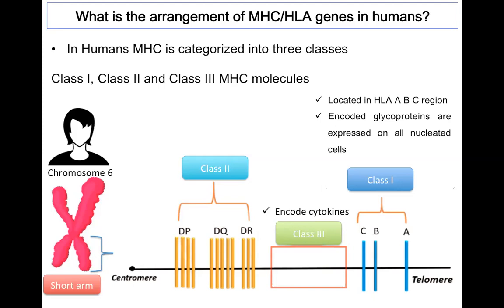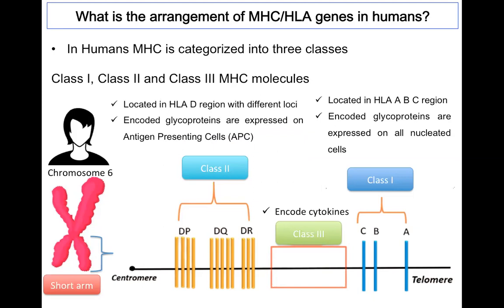Looking at similar features for class 2: where is it located? We already mentioned the D region with different loci, which is why we gave the names DP, DQ and DR. The encoded glycoproteins are expressed on antigen presenting cells, or APCs, which we are going to talk about in detail in our next lectures.